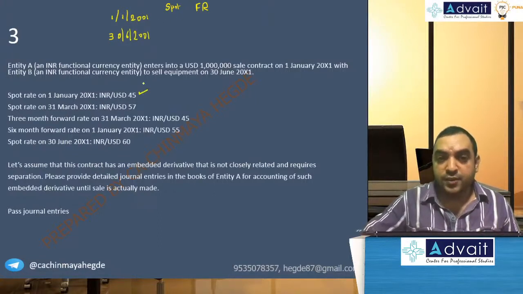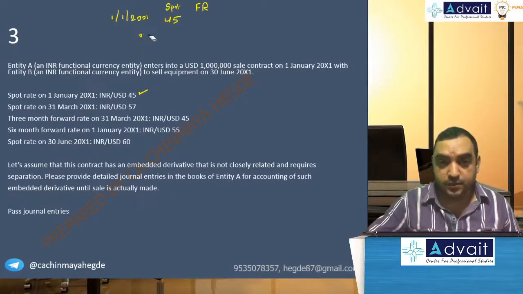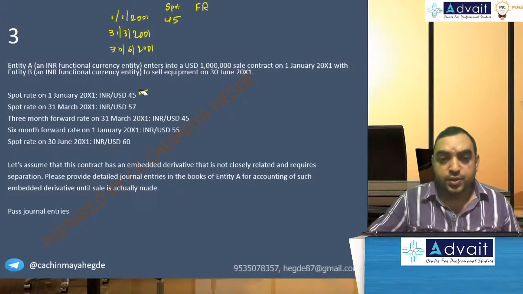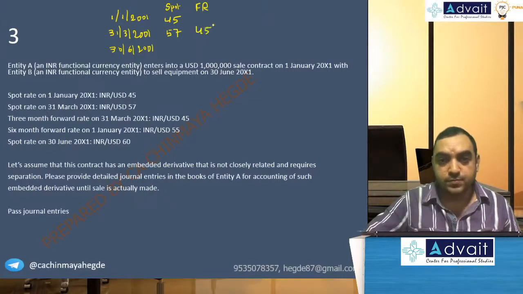Spot rate on 1st January was 45, and 31st March 2001 and 30th June 2001 are also there. So 45 was the spot rate, and spot rate on March 31st is 57, and the 3 months forward rate on 31st of March is 45, and the 6 months forward rate on 1st of January is 55, and the spot rate on 30th of June is 60 rupees.